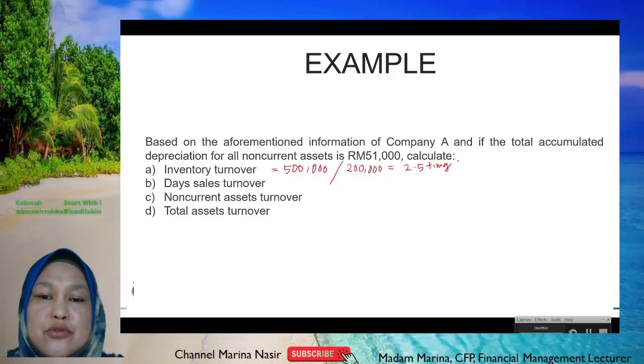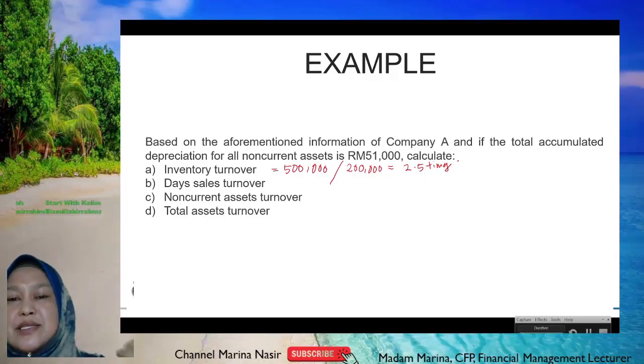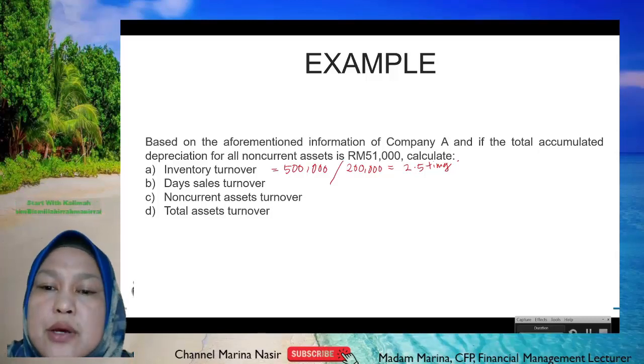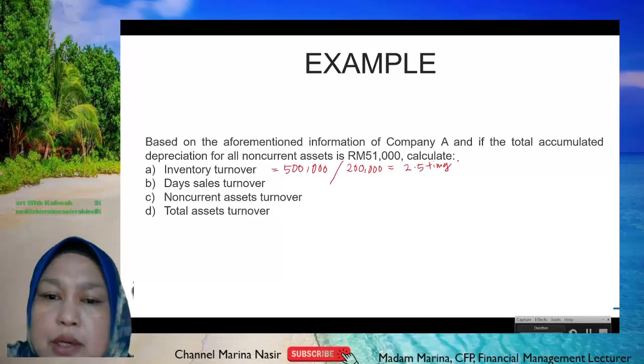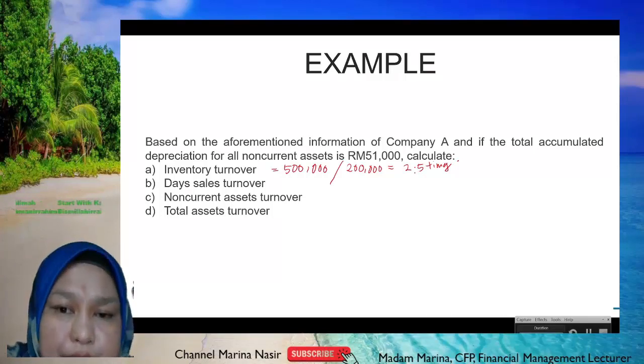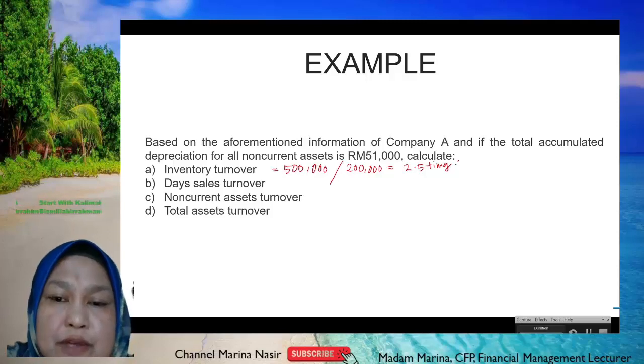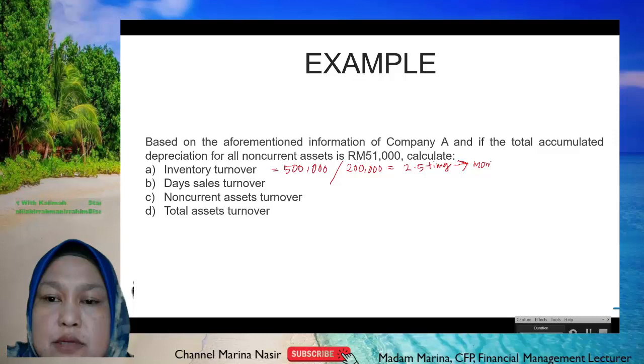How to make an easier interpretation? We can convert this 2.5 times into months for easier comparison. How to convert: 12 months divided by 2.5 times.